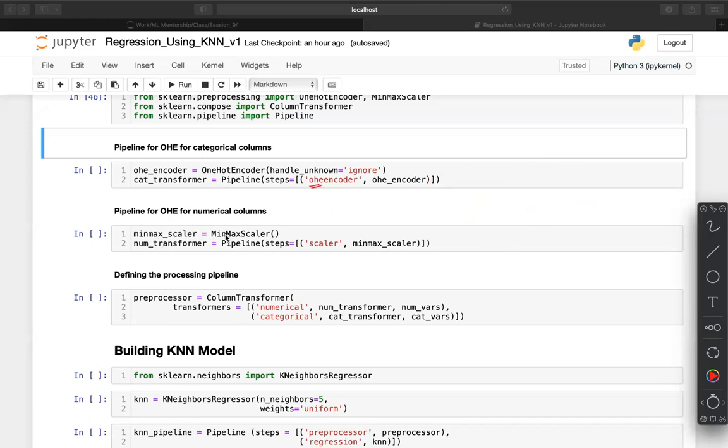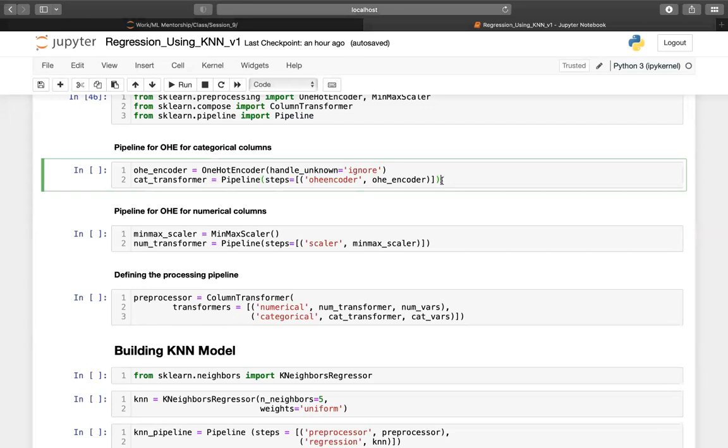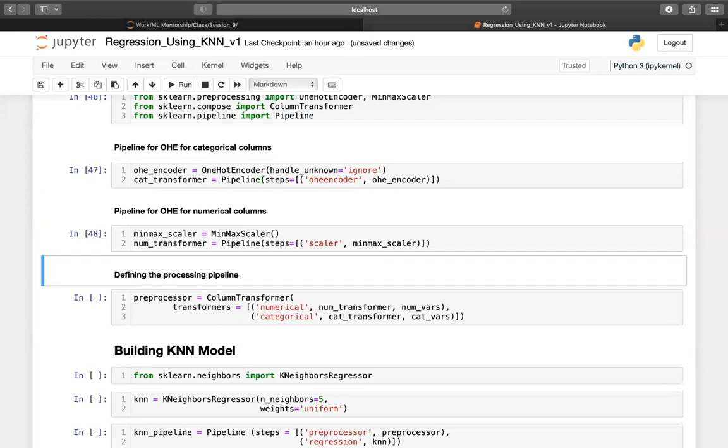And for numerical features, we will instantiate min-max scaling, and we'll create a num transformer which will apply the min-max scaling. This will be applied to our num vars, the numerical features. So here we define 2 smaller pipelines, each one for the respective type of features.